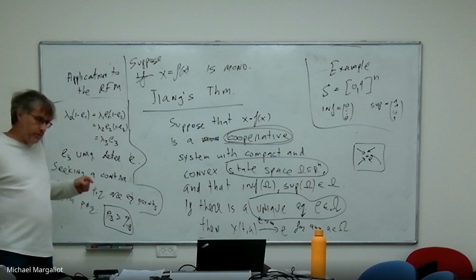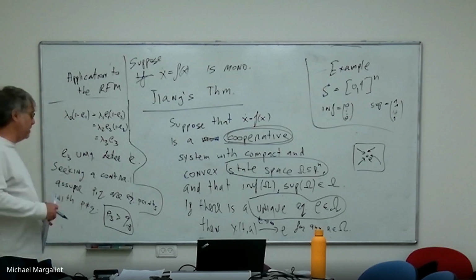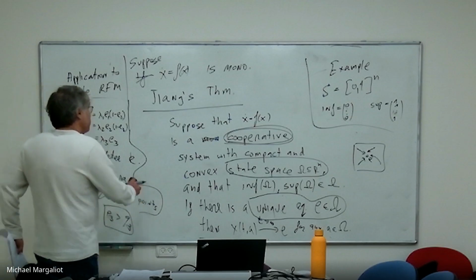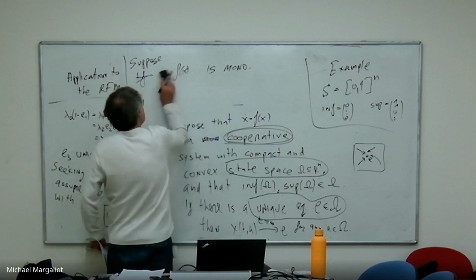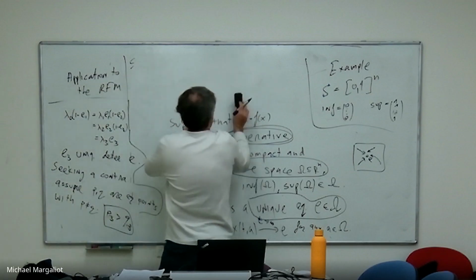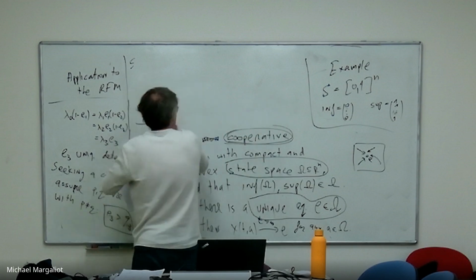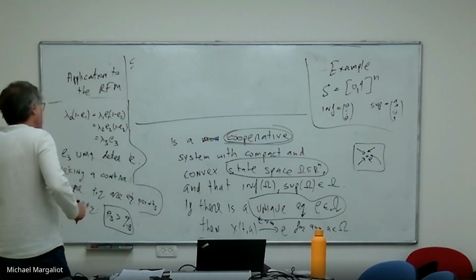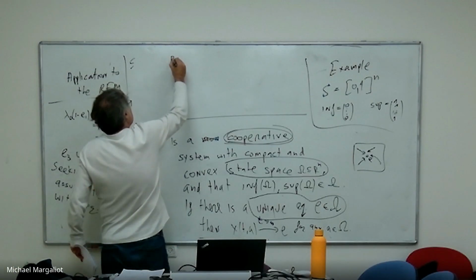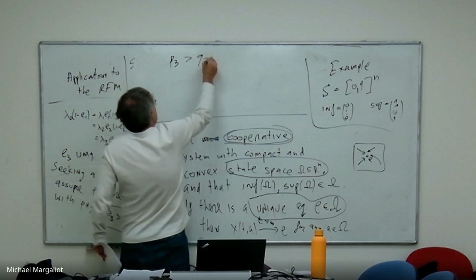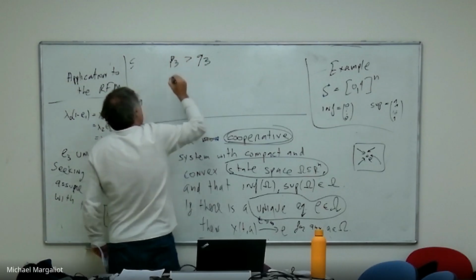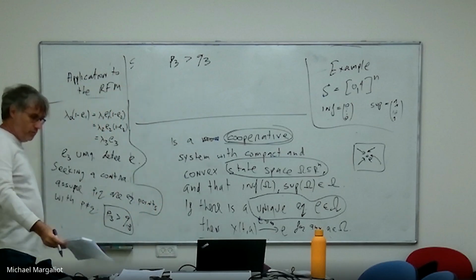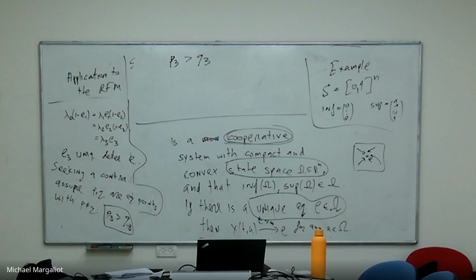Again, because if the third coordinate is equal, everything is equal. We said that P3 is larger than Q3. We have two different equilibrium points, and P3, without loss of generality, is larger than Q3.